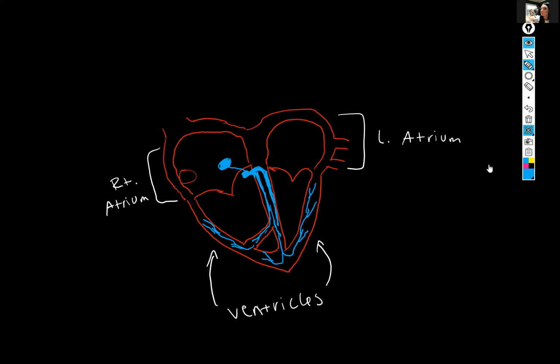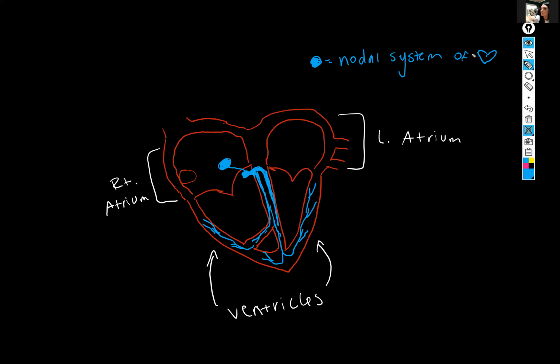So I'll label these as well. Actually, you know what? I'll label them as I talk about them. How's that? All right, so in blue, we have the nodal system of the heart.